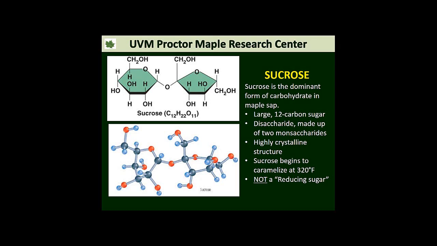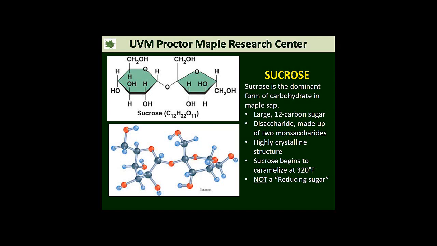So sucrose is table sugar. When you dry it all out, what you end up with is this crystalline solid. If it's really pure, it looks white or clear. So it's a really, really interesting sugar. So this is just another couple of ways that we can look at it. The interesting thing about sucrose, and the reason microbes are important, I'll tell you about in a few minutes, but the important thing is that sucrose, when you heat it up, it doesn't caramelize until it gets to about 320 degrees.